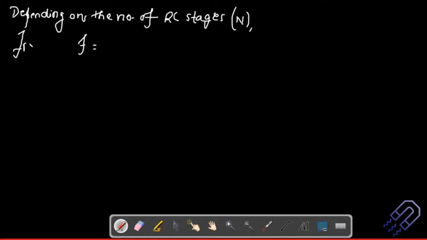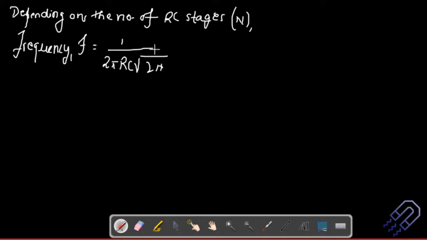let me write it down here. Frequency will be 1 divided by 2 pi RC root over 2 times n.